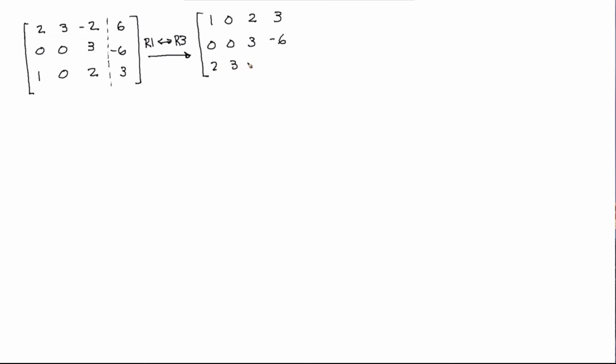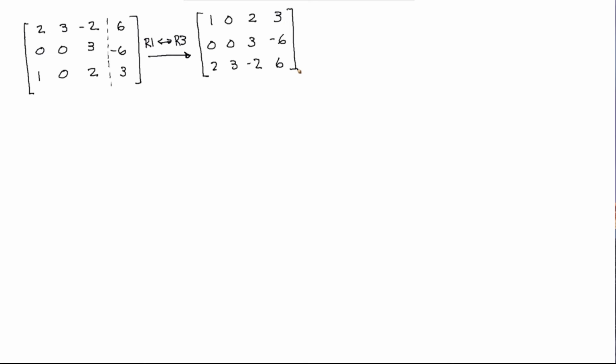2, 3, minus 2, 6. Okay? Now, I'm going to multiply the second row by a constant, right, by a number.